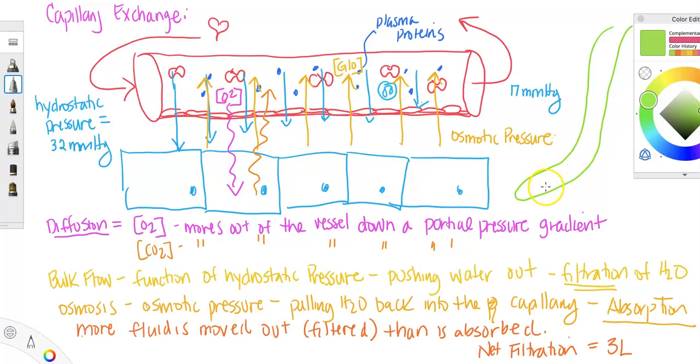So we have lymphatic vessels around the capillary bed to absorb or to pick up that excess fluid. All right, so that is basically capillary exchange.